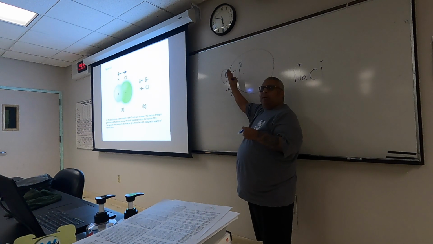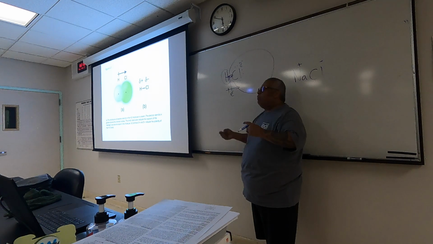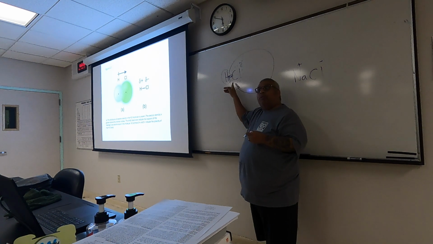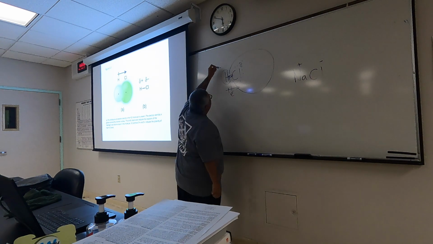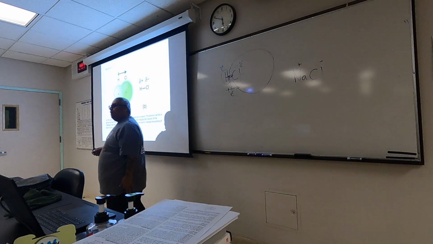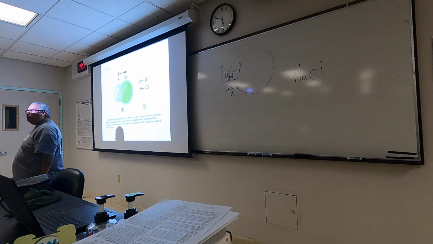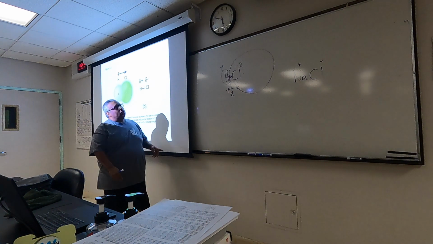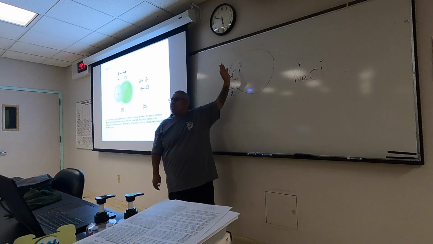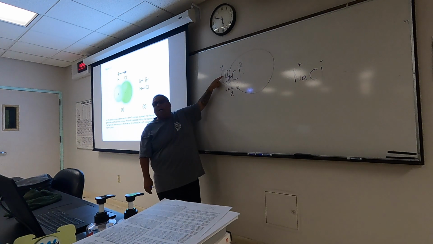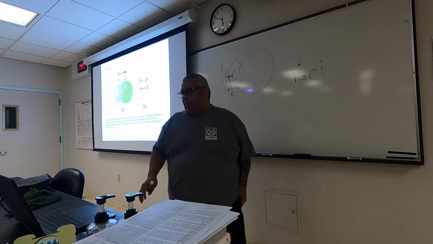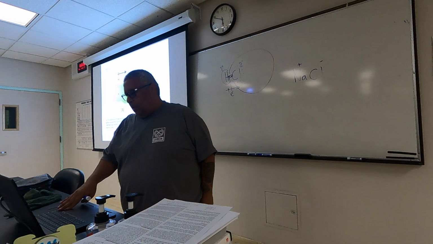That chlorine becomes partially negative because it is pulling on that electron. And it's pulling it away from hydrogen. So this way hydrogen becomes partially positive. So in a covalent bond, this is not negative, but it's slightly negative. This isn't positive, but it is slightly positive because of the pull that chlorine has on that.